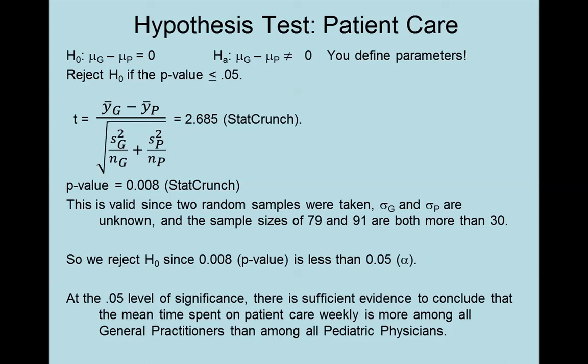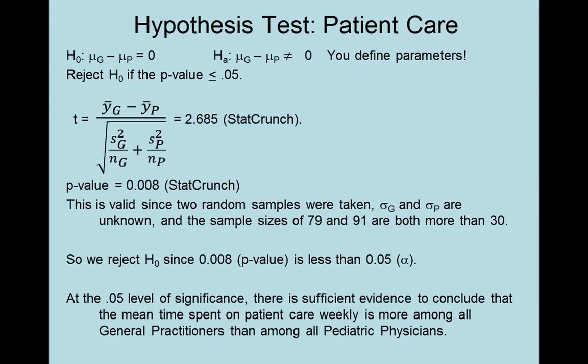So at a 0.05 level of significance, not only do we want to say there's a difference, but since the t-score is positive, we're going to say the first mean, mu sub g, is larger than the second mean, mu sub p. But we have to put all this in just plain words.